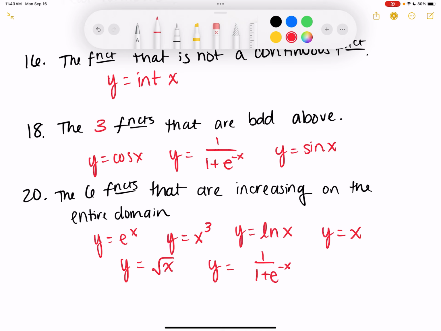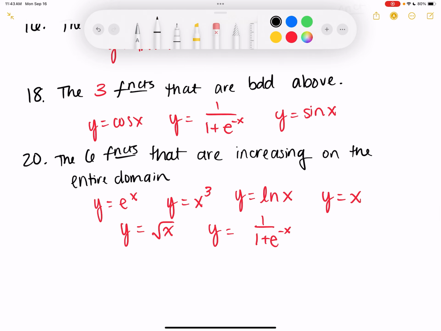So let's see, 22. The three functions with infinitely many local extrema.